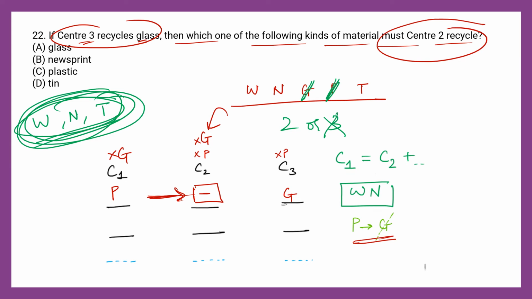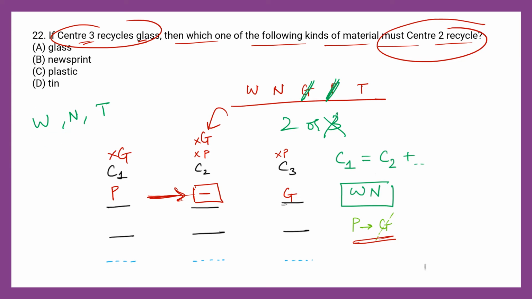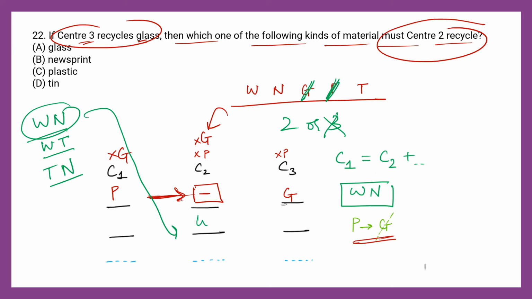So let's see what the combinations are. You can either have W and N, or W and T, or T and N. Let's try these one by one. Can we put W and N in here? Yes, you can. This gives you exactly 2.